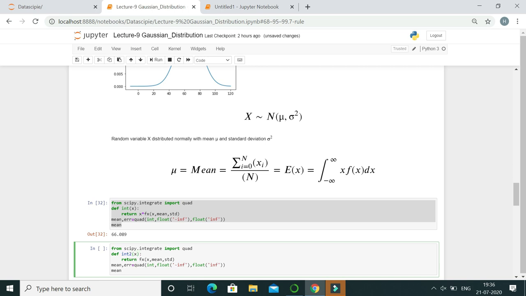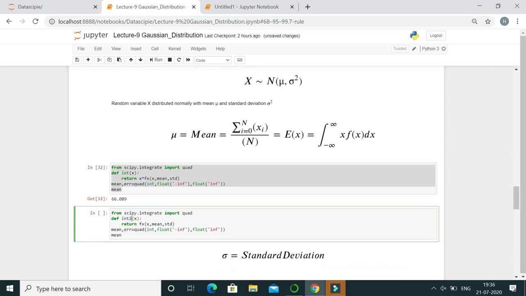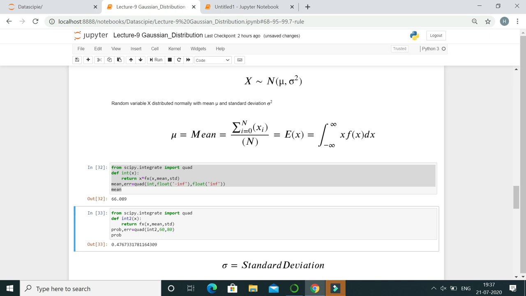Suppose the function is defined as integral 2, and replace our minus infinity to plus infinity by 60 and 80. And we have to get a probability. So we get that when we select a student randomly, there is 47.67% probability that they come from the range 60 to 80 marks score.